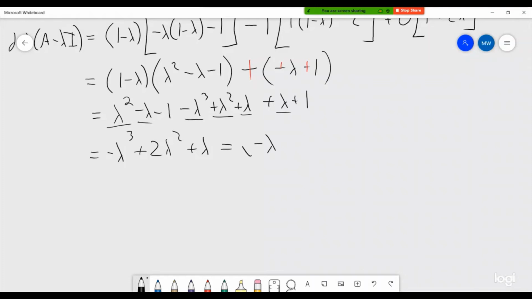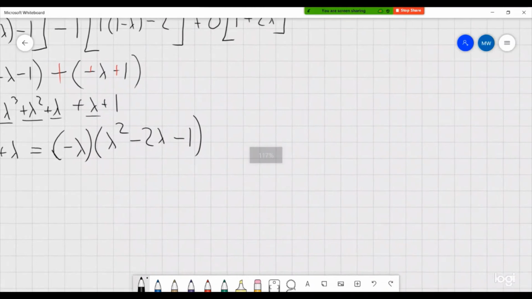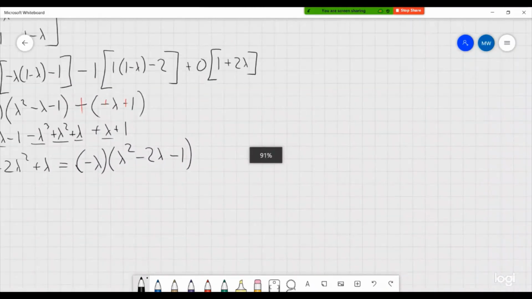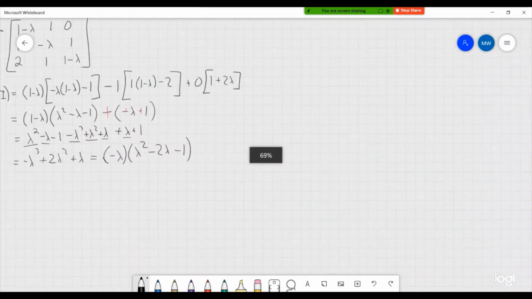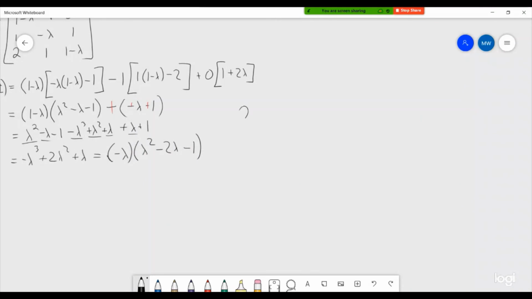So we can factor this. We got negative lambda times lambda squared minus 2 lambda minus 1. And at this point we can go through and use the quadratic formula to figure out what the other two factors are going to be. So those are going to be 2 plus or minus the square root of b squared, so 4 minus 4 times a is 1 times c is a negative 1, all over 2.